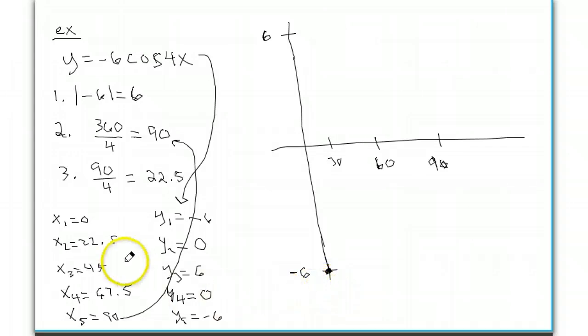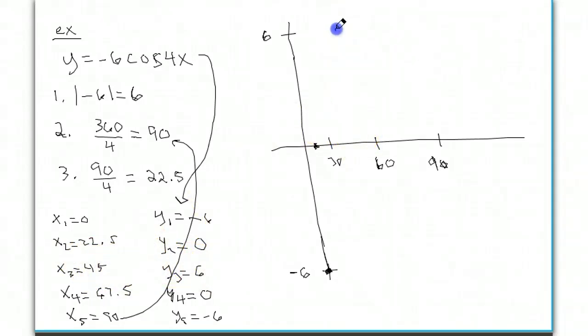Second point, 22.5, 0. 22.5 is between 0 and 30. So you can say that that's this point right here. You don't have to be accurate when graphing. Next point, you got 45, 6. 45 is between 30 and 60, and 6 is at the top.